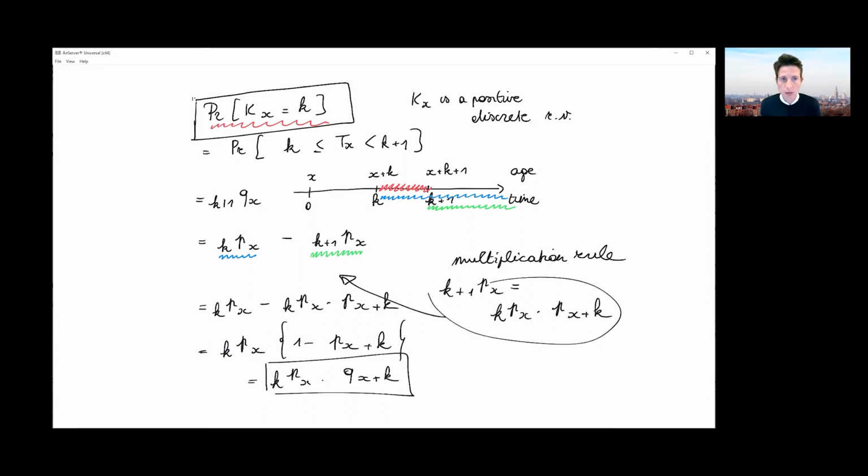Now, having this Kx and its distribution, we're ready to calculate the expected value of Kx. That will be the curtate expected future lifetime of an x-year-old. So let's do that one together as a final step for this chapter. I'm now interested in the expected value of Kx.